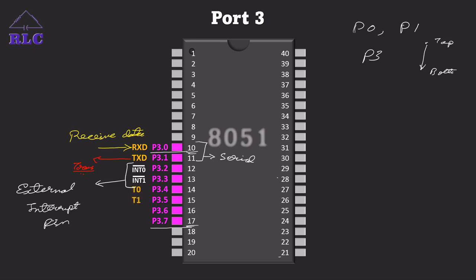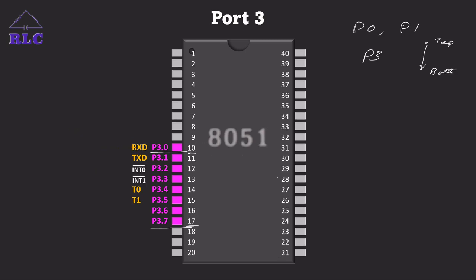Then the 8051 has two timers, represented as T0 and T1. A timer counts the clock pulses, that is, the internal clock pulses of the 8051.